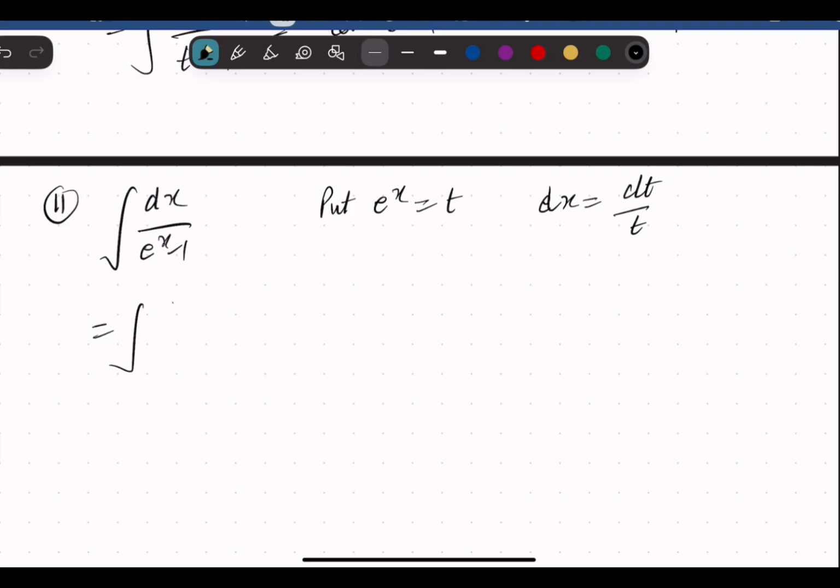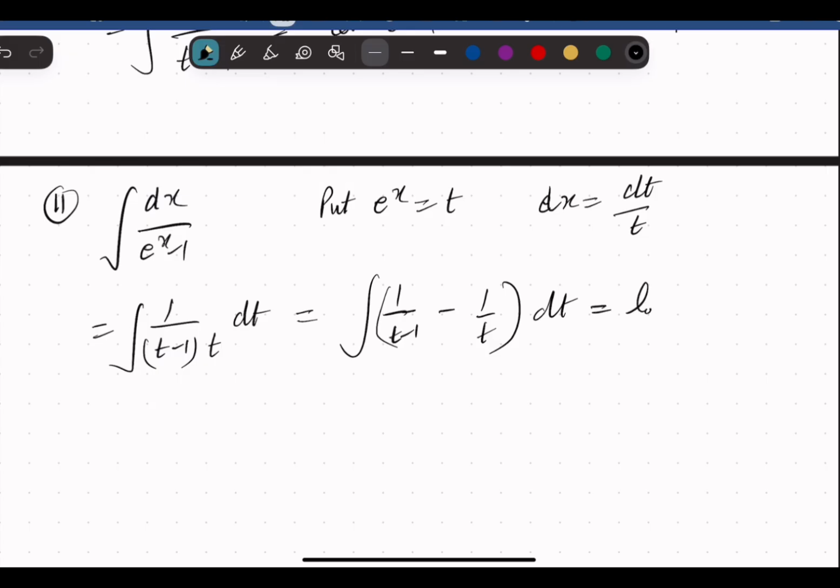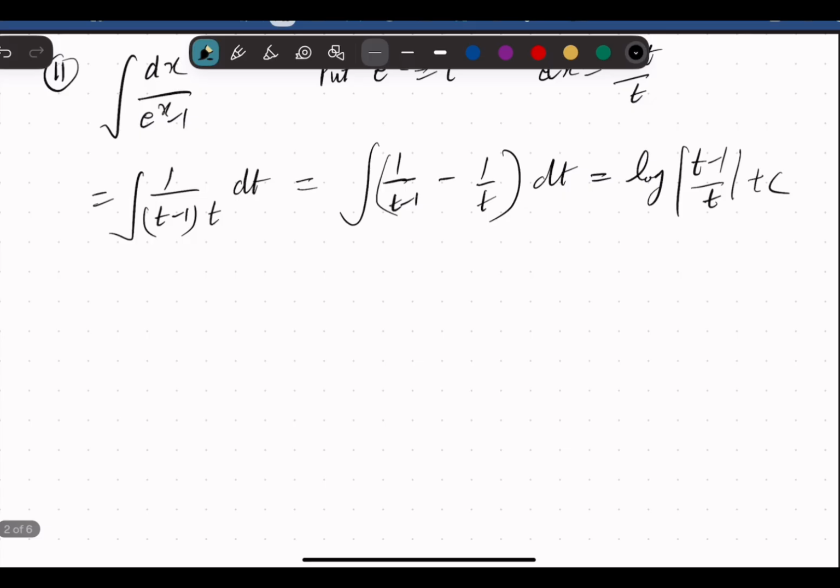This will be 1 over t minus 1 into t, and here dt, which equals 1 over t minus 1 minus 1 over t, dt. If you use partial fractions, this will be equal to log of the absolute value of t minus 1 over t plus c. Now you can replace with e power x and you will get the answer.